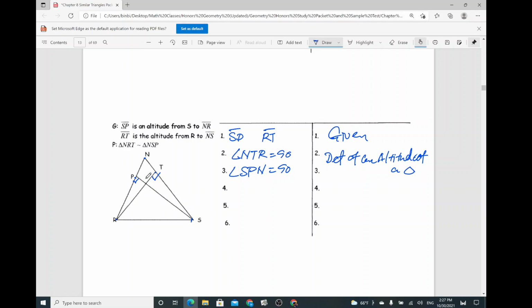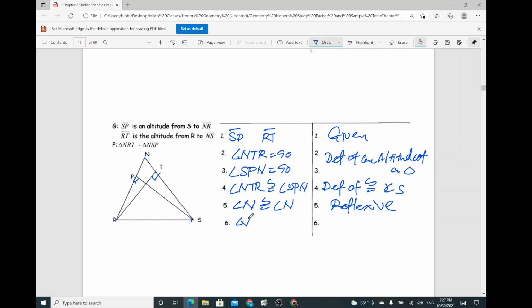Anytime you see the altitude of a triangle, it's always perpendicular. Therefore, angle NTR is congruent to angle SPN, by the definition of congruent angles. Another thing is that angle N is congruent to angle N, by the reflexive property of equality. And therefore, triangle NRT is similar to triangle NSP by angle-angle.